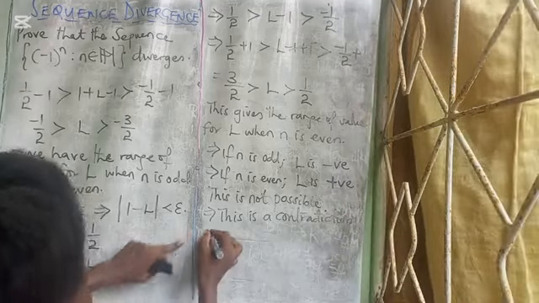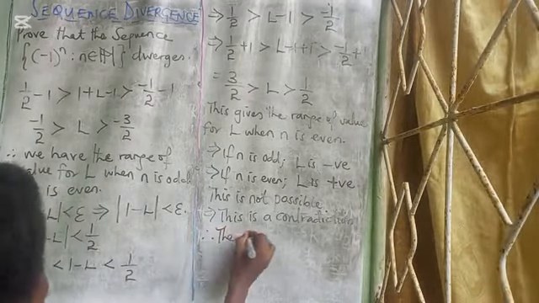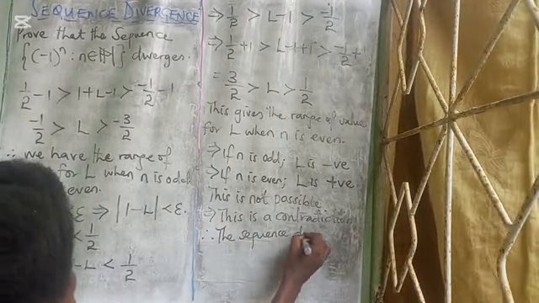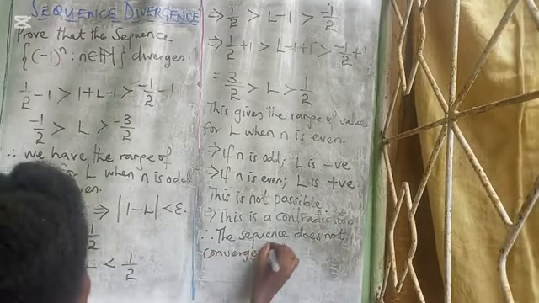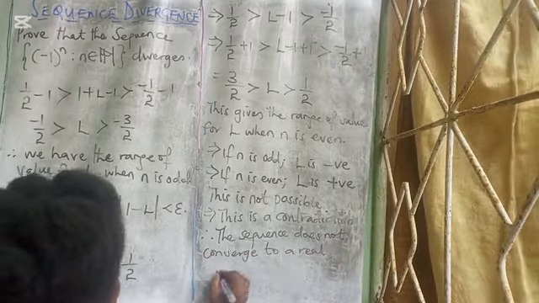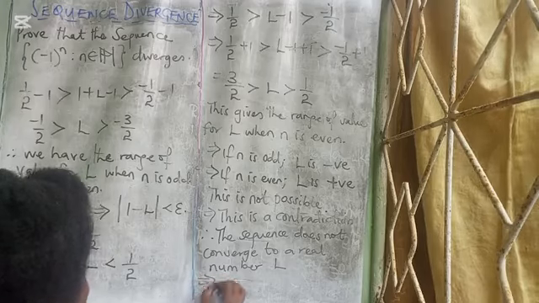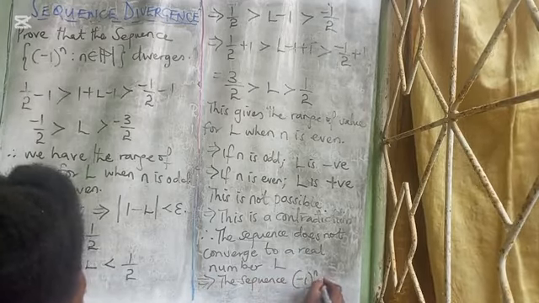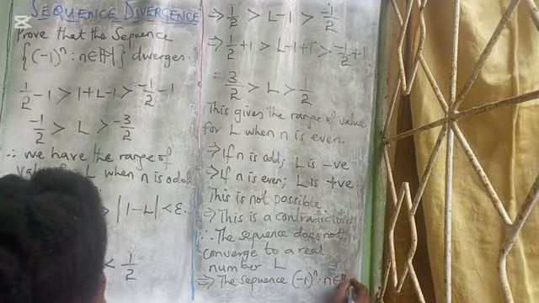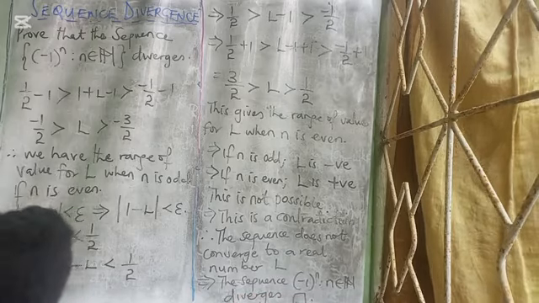Therefore, the sequence does not converge to a real number L. And that implies that the sequence minus 1 raised to power n for all n belonging to the set of natural numbers diverges. And that is what we have been able to prove.